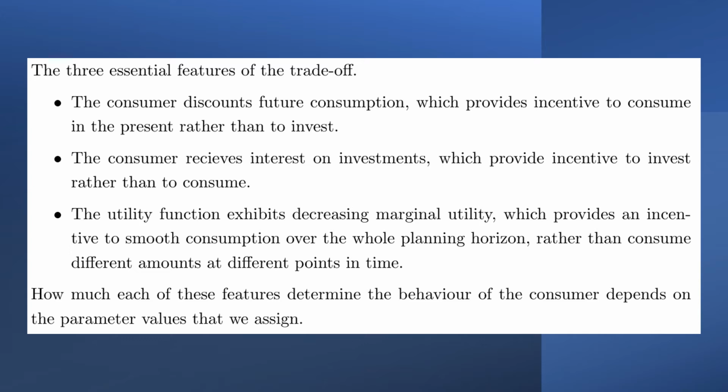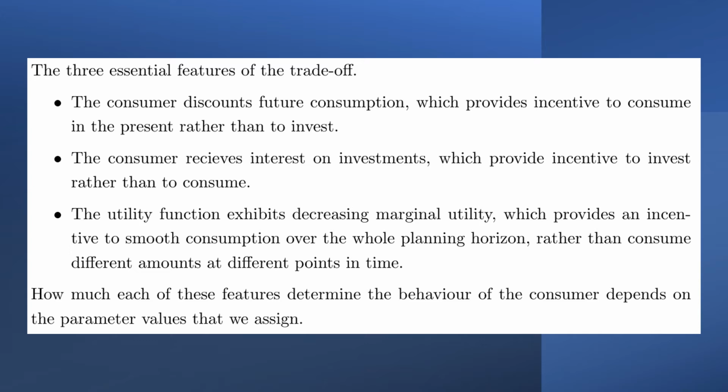On the other hand, the consumer receives interest on savings, which provides an incentive to save rather than consume right now. So we have these two different incentives that push in different directions. One of them pushes towards consumption right now, and the other pushes towards consumption later. And the relative strength of these two forces, so to speak, will determine the behavior of the consumer.